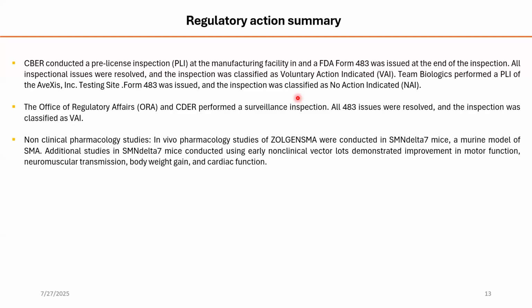Additionally, non-clinical pharmacological studies were also provided, where they did in vivo pharmacological studies in SMN delta 7, a murine mouse model for the SMA condition. These mouse studies, conducted using the non-clinical vector, demonstrated improvement in motor function, neuromuscular transmission, body weight, and cardiac function.